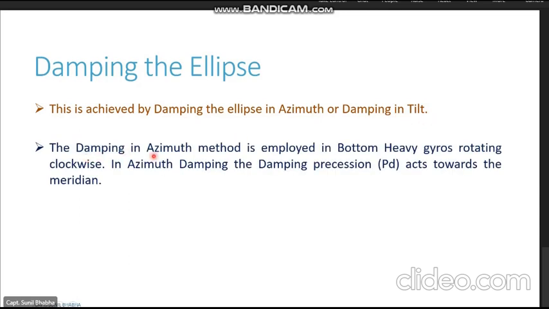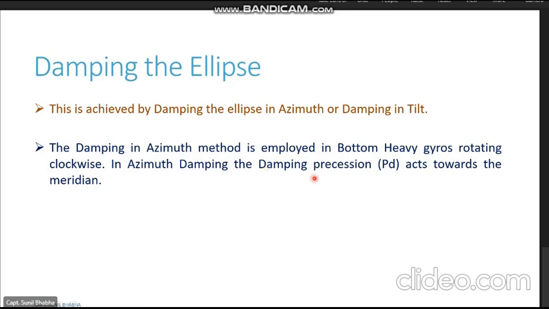Now, the damping in azimuth method is used or employed in bottom heavy gyros. Bottom heavy gyros are the ones which are rotating in a clockwise direction. In azimuth damping, the damping precession, this is the fourth force which will get involved into a damped north-seeking gyro.